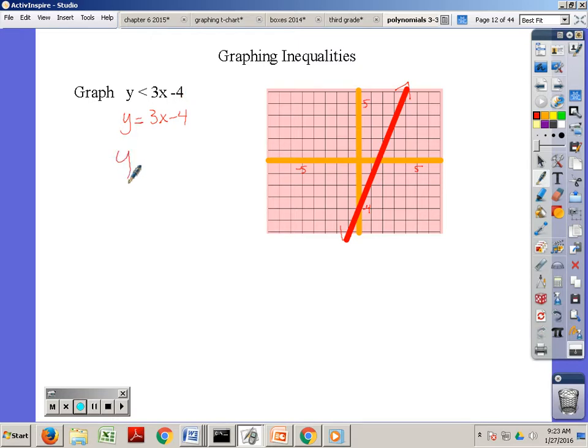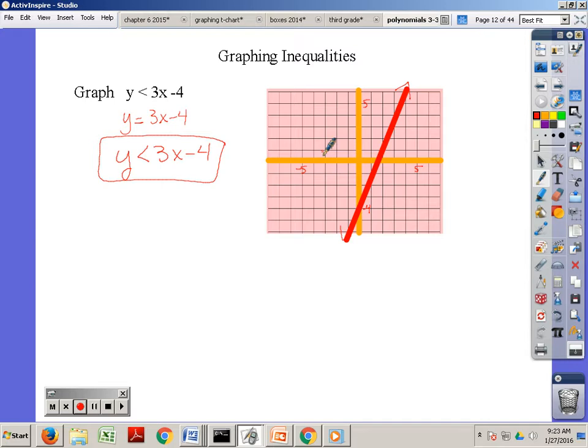But now we need to look at what that inequality means. So this tells me that y is less than 3x minus 4. If you can see, our line divides our graph into two sections. We've got this section over here and this section up here.